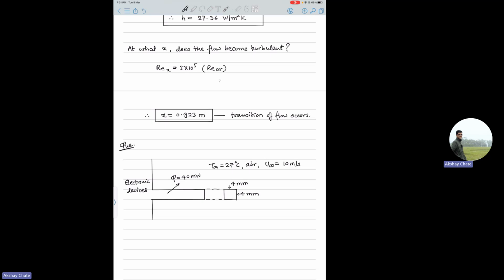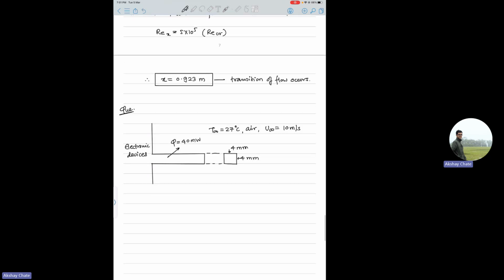And in the question, they have mentioned the air properties that you need to use for this problem. The conductivity of air is 0.0274 watt per meter Kelvin.